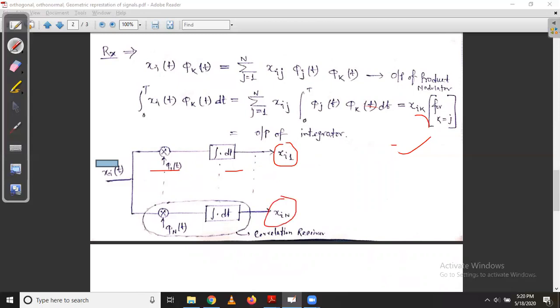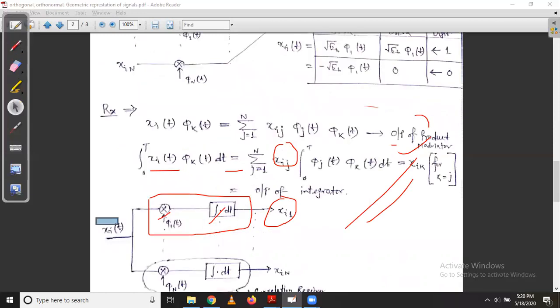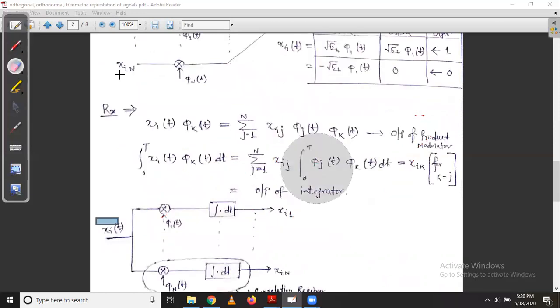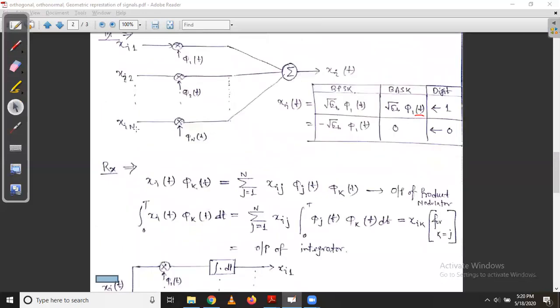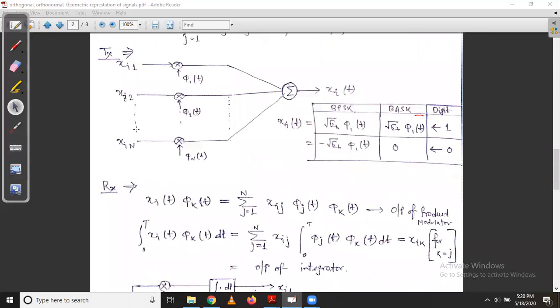And this portion is known as the correlation receiver, where a multiplier is followed by some integrator. So up to this we have discussed today, and we can say this is the basic principle of the receiver and transmitter sections of digital modulation techniques.